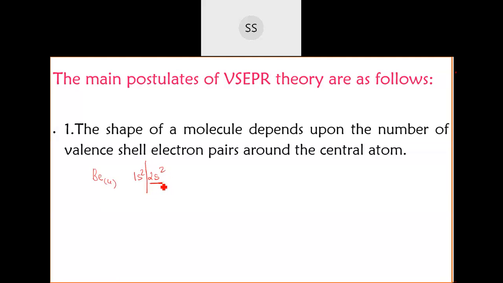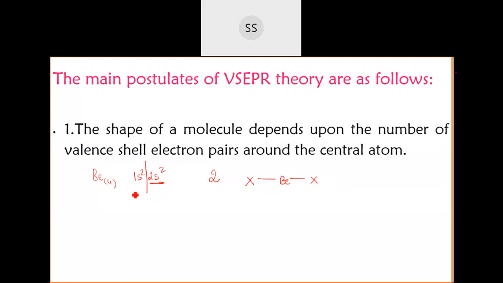So the number of bonds formed will be 2. Beryllium will come in the center, linking to X on each side, so the shape is linear.